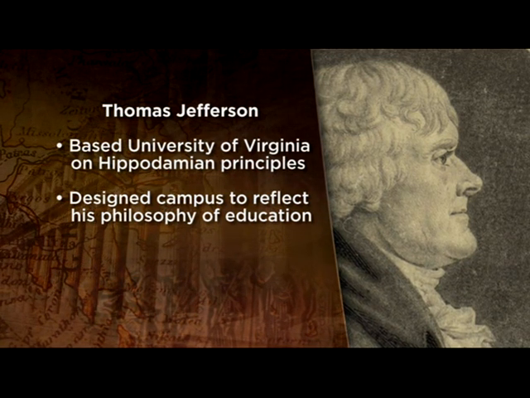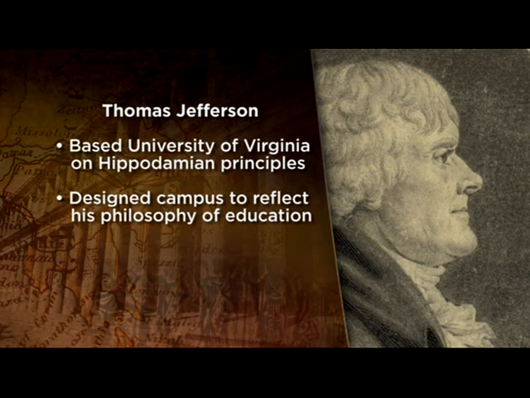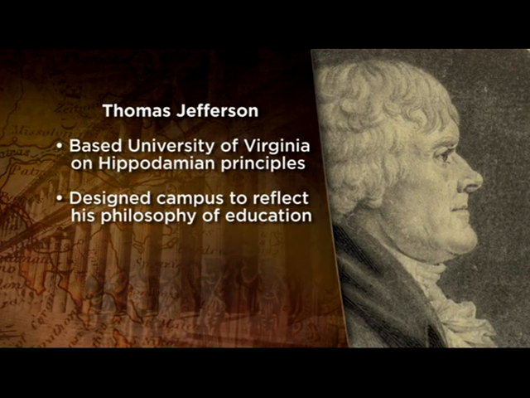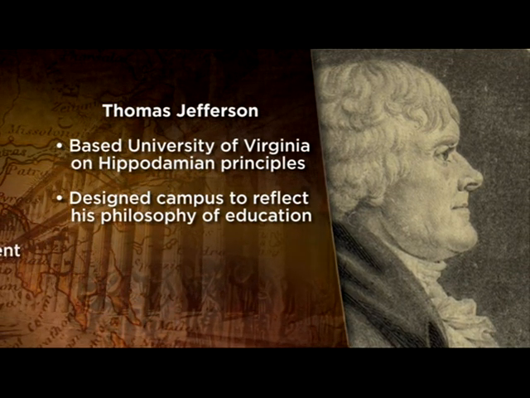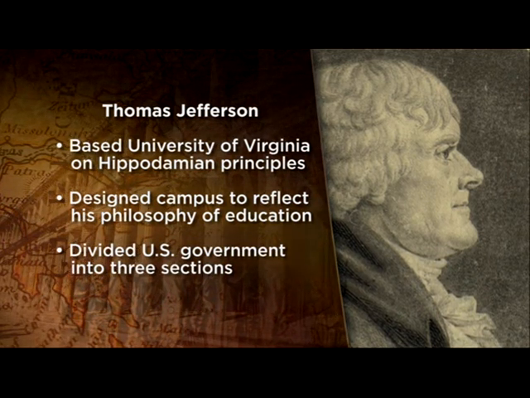With that philosophy of education, he placed the library at the symbolic center of campus. In fact, he was inspired by Hippodamian notions of government as well in his new proposal to divide the new United States government into 3 sections or 3 branches.